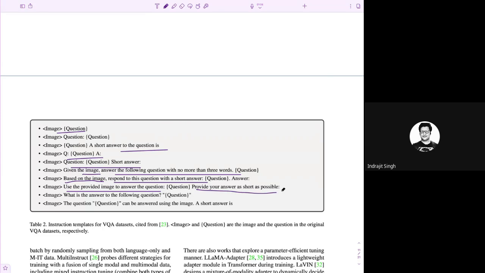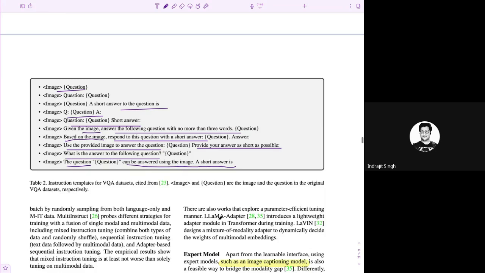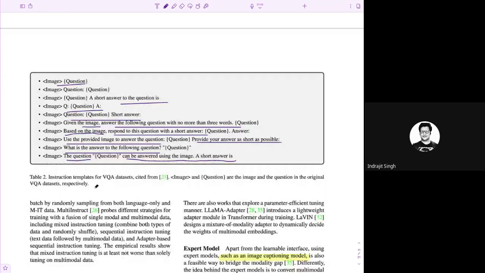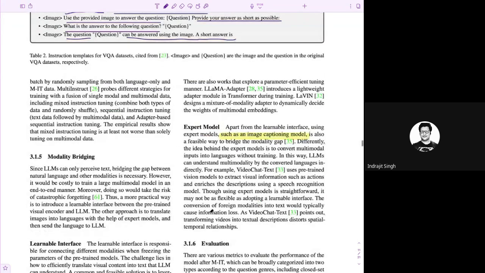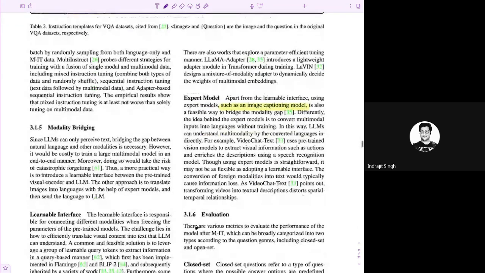Provide your answer as short as possible. Or what is the answer to the following question, right? And the question can be answered using the image, with a short answer. So you can see the visual QA data set that is cited in this paper, and other images and questions in the original VQA data set. So this is just an example of using a hybrid method also, right?